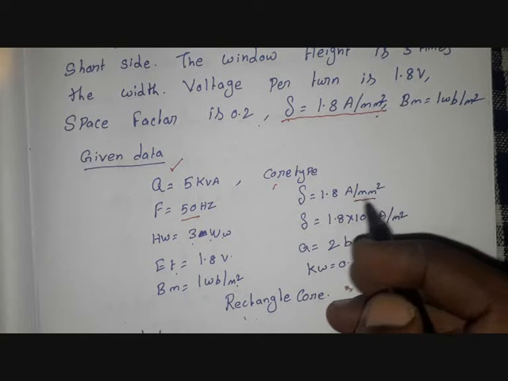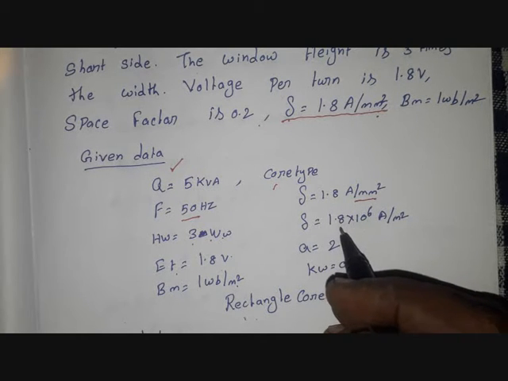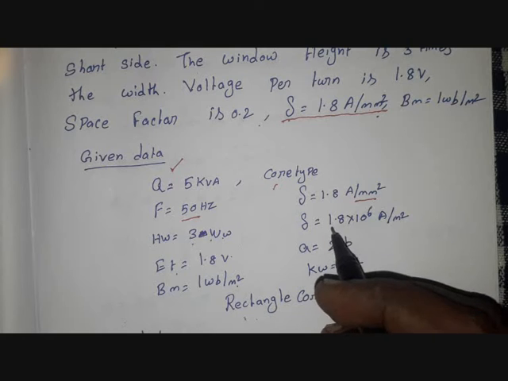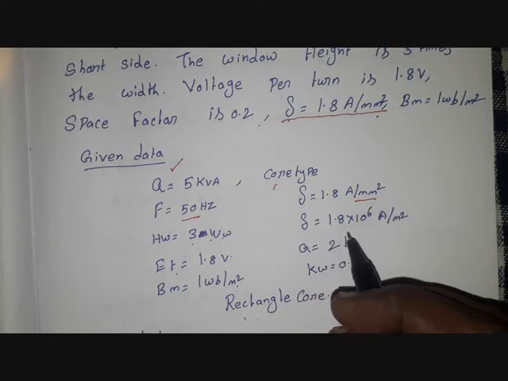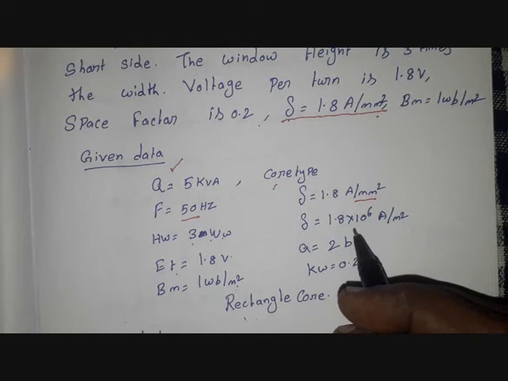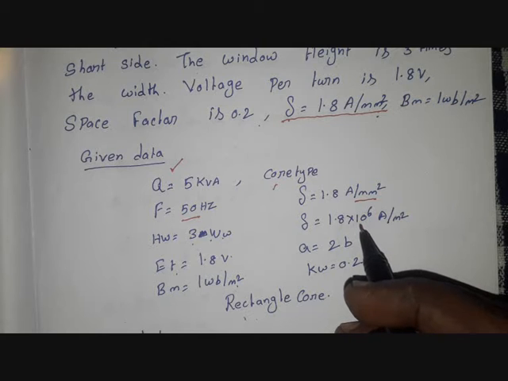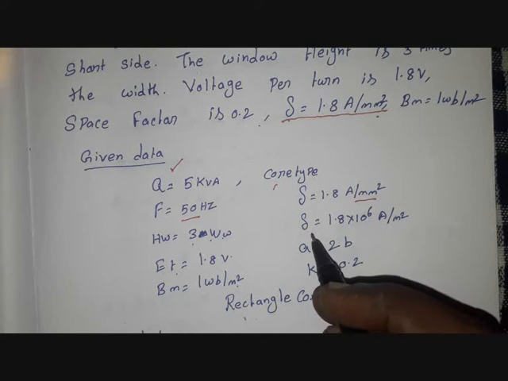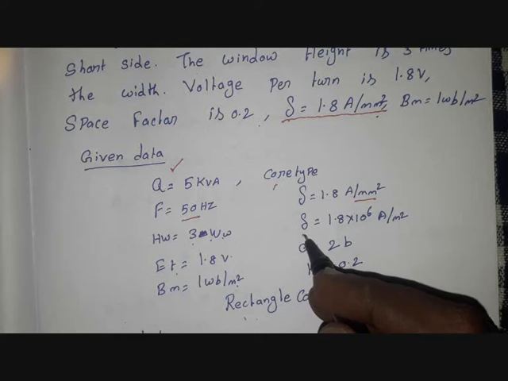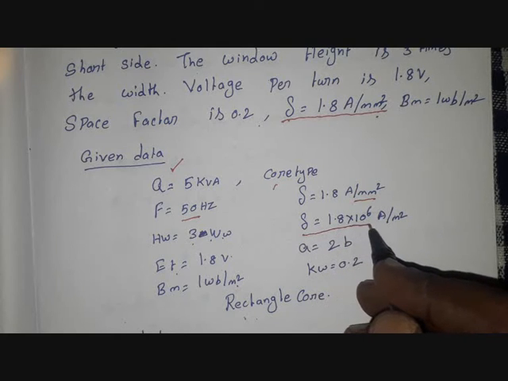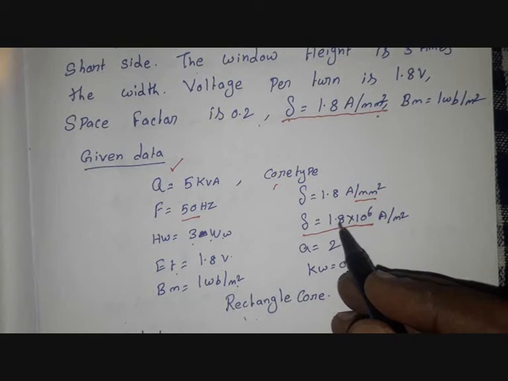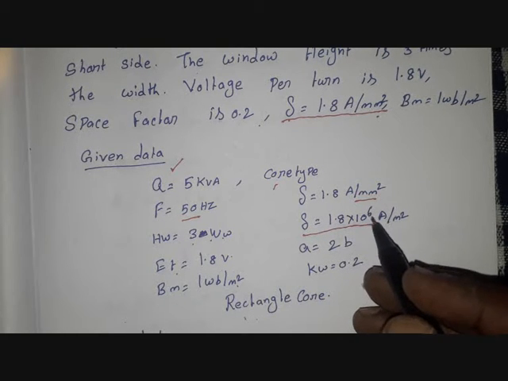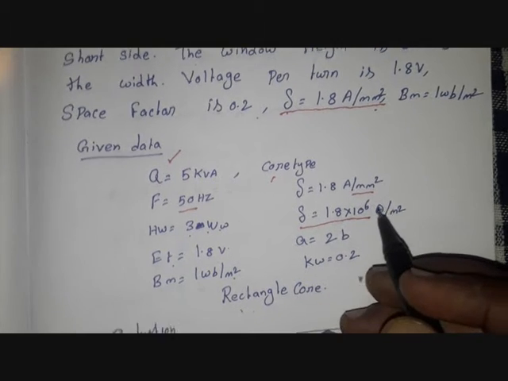That's why delta is equal to 1.8 into 1 divided by 10 power minus 6, that is converted into 10 power 6. This is a basic conversion, you may know it, but some students may have confusion on that. So delta is equal to 1.8 into 10 power 6 ampere per meter square.